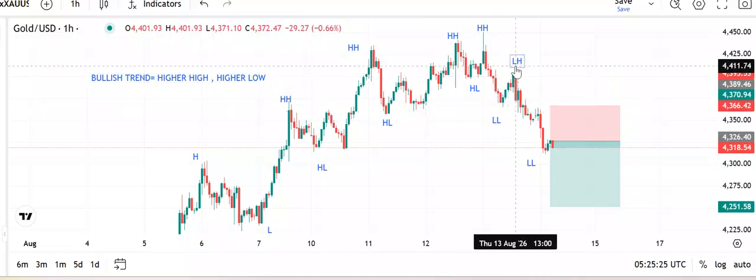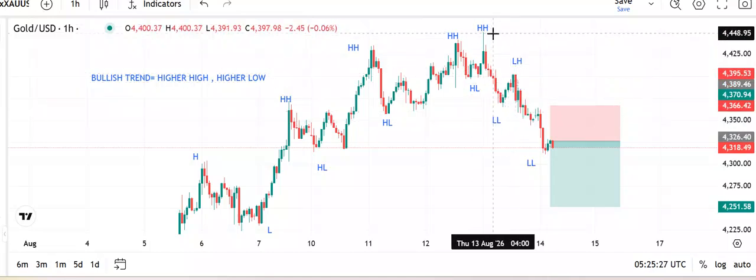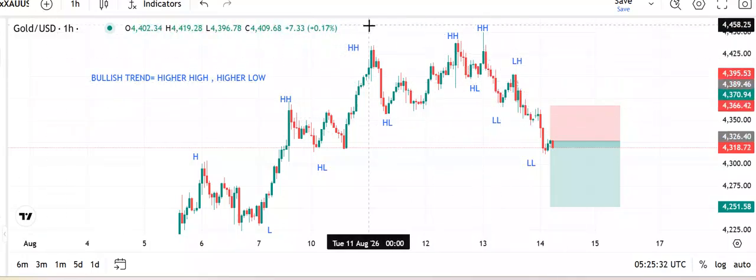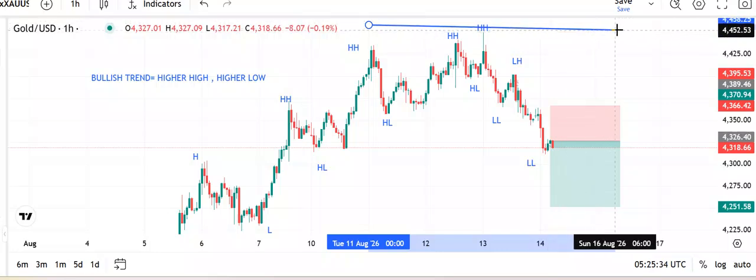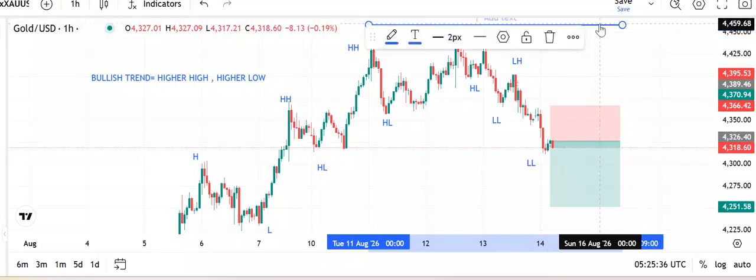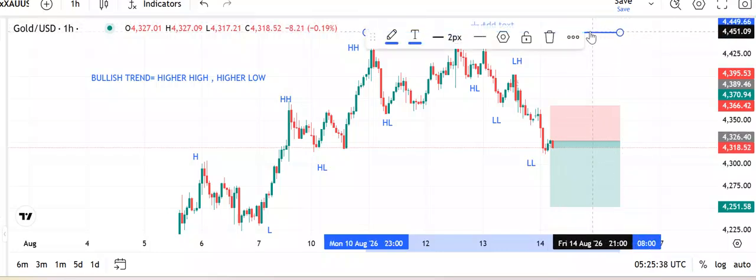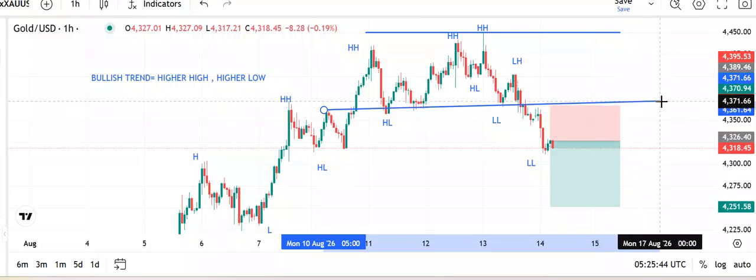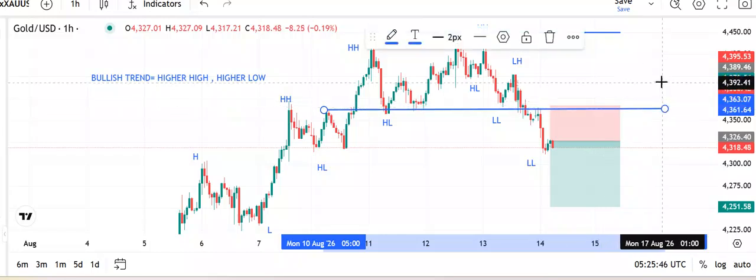Where you start to see higher high and lower low, that area is called range. Price has been ranging around here.